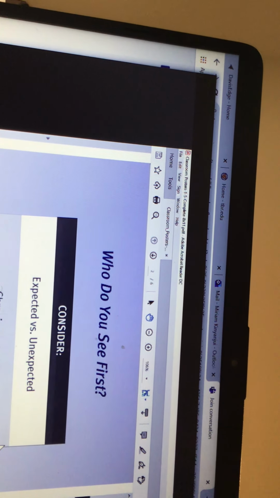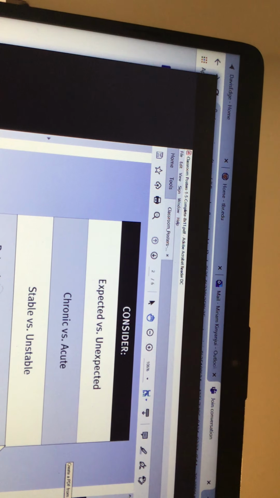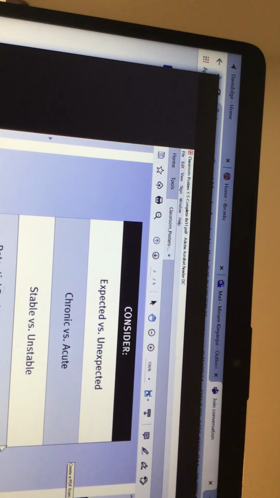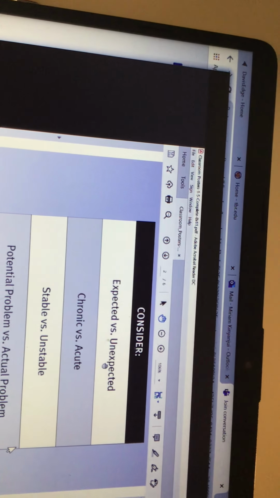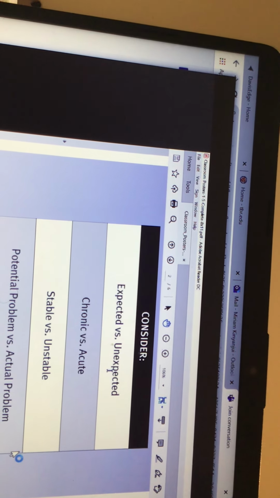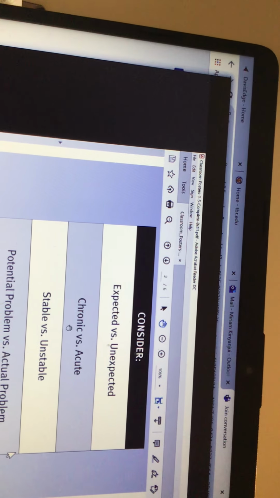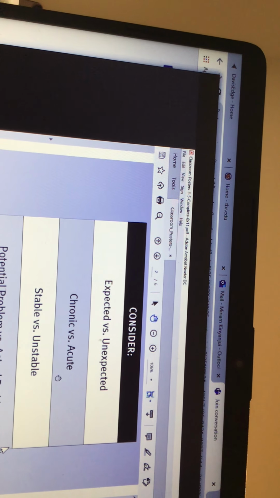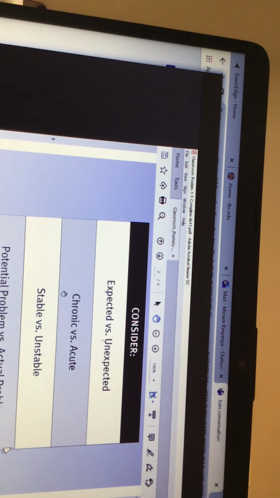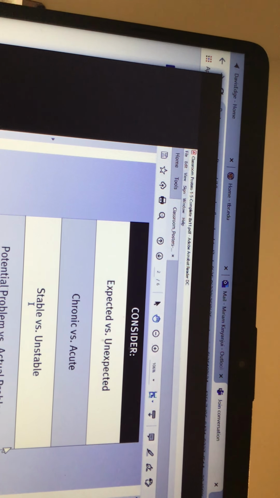Here is your who do you see first. This is what you're going to use when you have who do you see first type questions. You want the most unexpected patient, whatever's going on with him, versus expected. You want the most acute versus chronic problem. You want the most unstable versus stable problem.